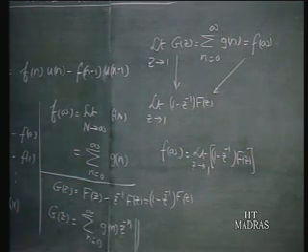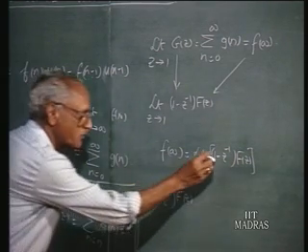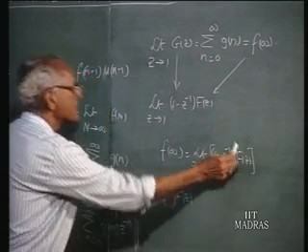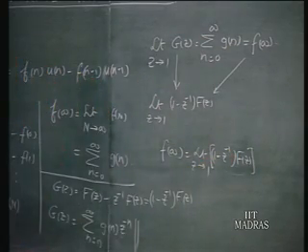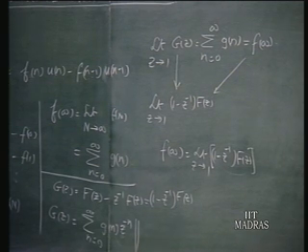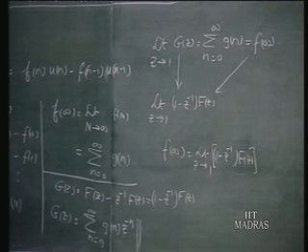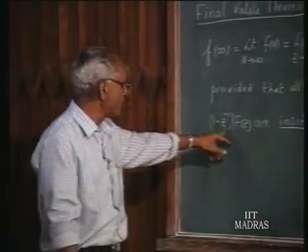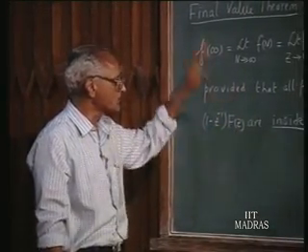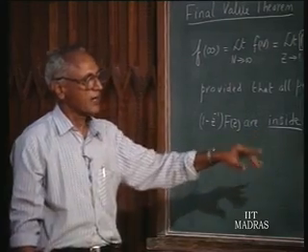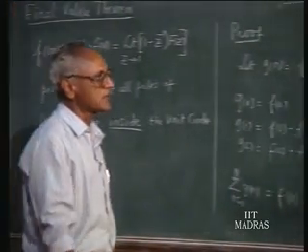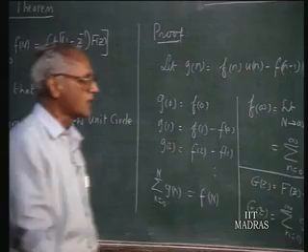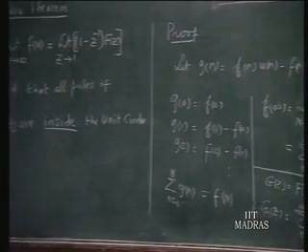In fact, (1 - z^-1) F(z) is the transform G(z). Therefore, G(z) should have a region of convergence which includes the point z equals 1. That means the unit circle must be within the region of convergence of G(z), and that is the condition why we said all the poles of (1 - z^-1) F(z) must be within the unit circle. And this is a very important condition, because if you don't pay regard to it, you may get wrong results.